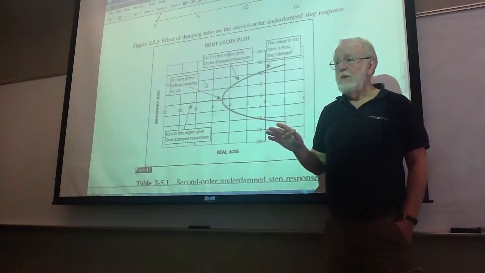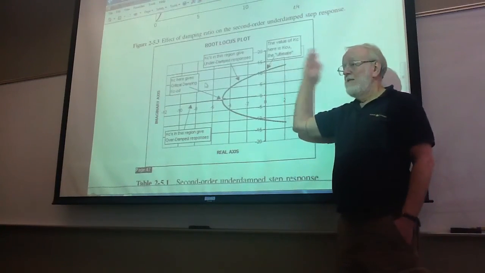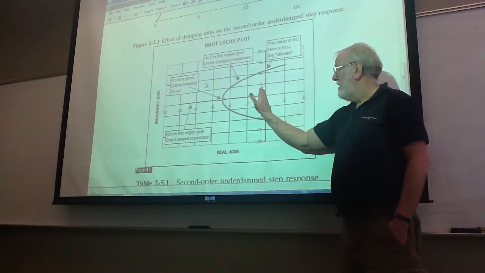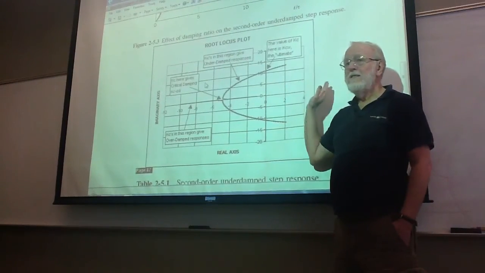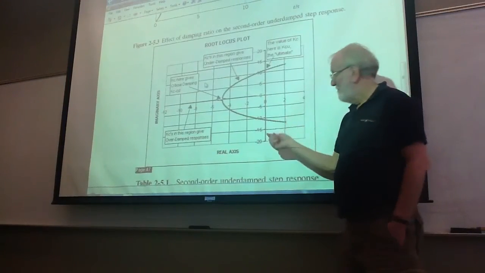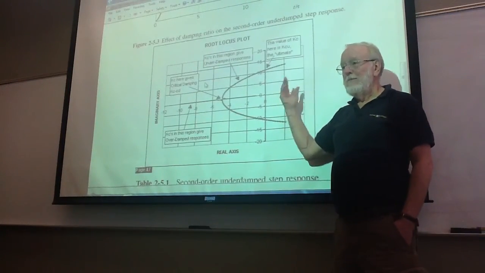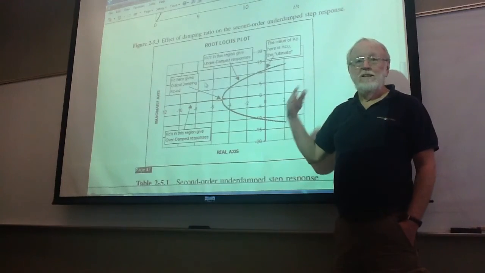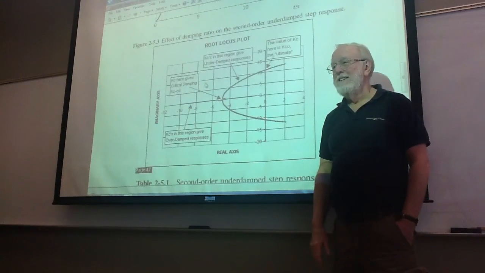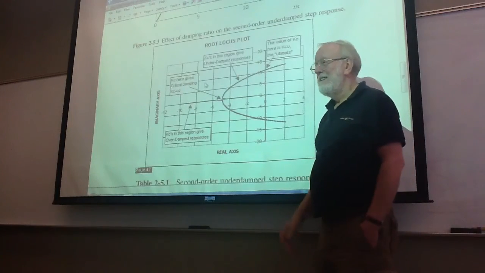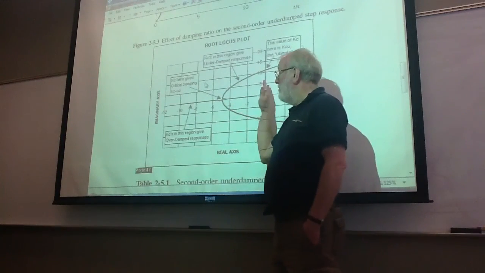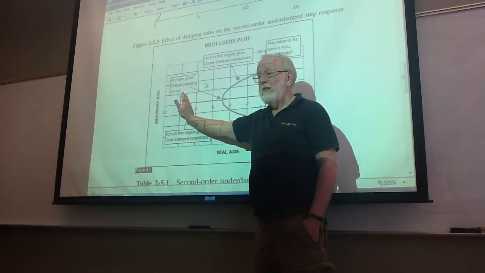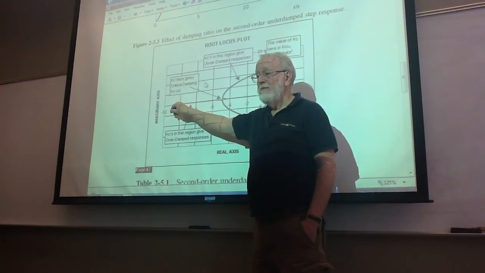Our systems don't blow up, but they never settle down if you're over here. This is the good, and this is the bad side. Everybody say, ooh, positive values of the real part of the roots give us bad stuff. So the real part of the root we want to be what? We want negative real part in order for it to be stable.